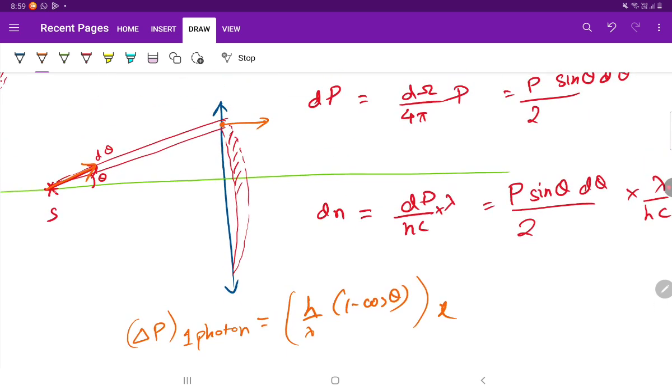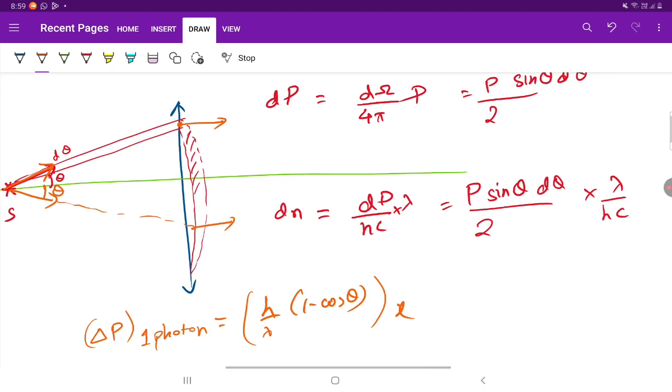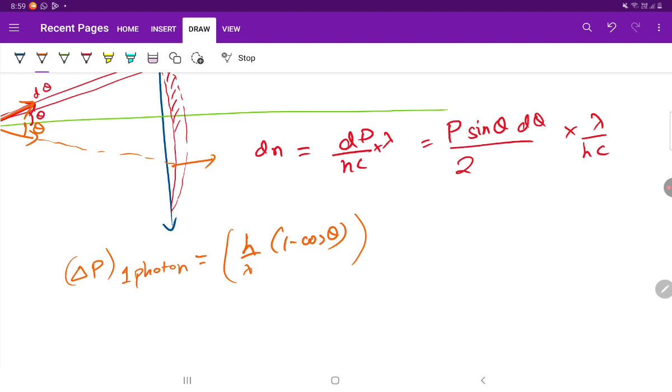By symmetry, if another photon is emitted at angle theta in the downward direction, it will also go straight. Basically, the net overall force will be horizontal. There won't be any vertical component because all the vertical components cancel. Better write x here.